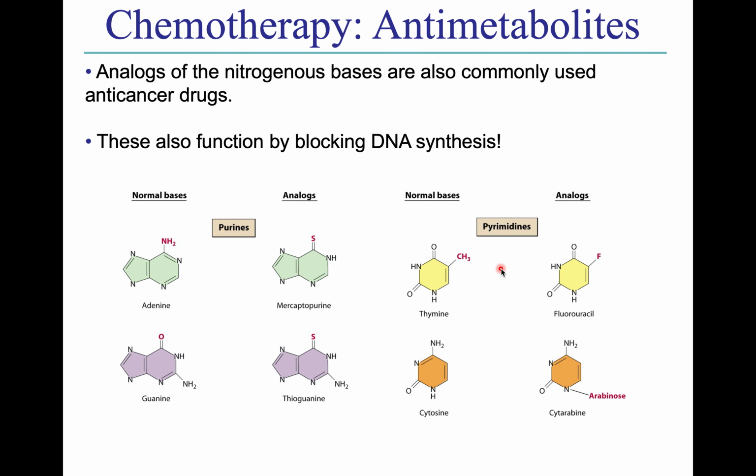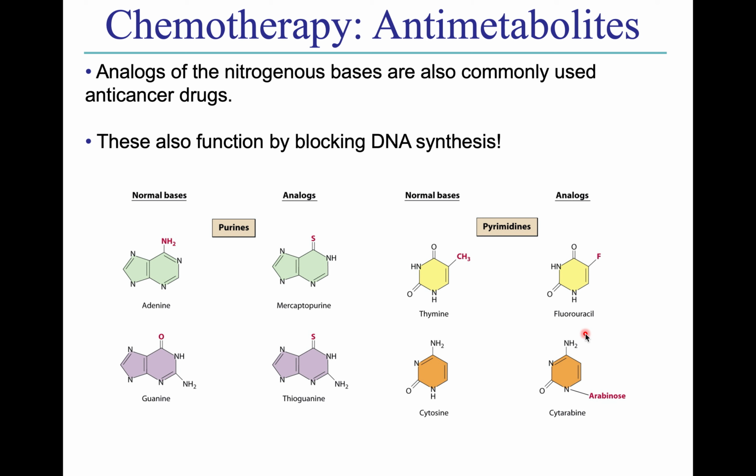Or, as I mentioned, a lot of the chemotherapy drugs in this class are nitrogenous base analogs. So you can see down here, the normal bases on the left, here and here, and then the analogs on the right. And so these analogs have a similar enough structure that they will basically fool DNA polymerase into grabbing them and incorporating them into a growing DNA strand.